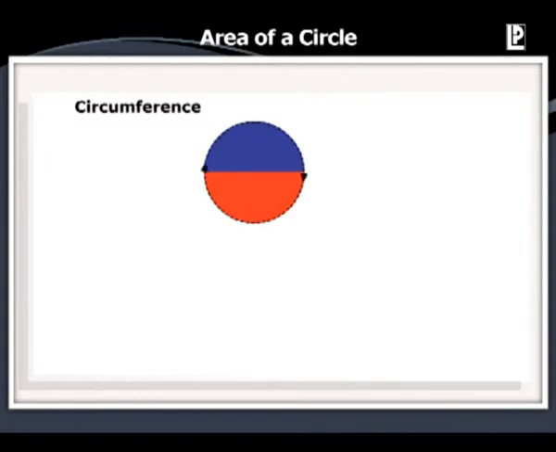The next question is, what are the length and the breadth of our rectangle made from circle parts? Let's go back and see the earlier circle parts more clearly. The original circle's outside length was the distance around, or the circumference of the circle.